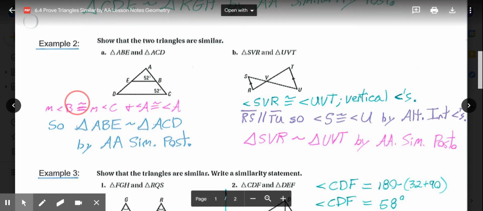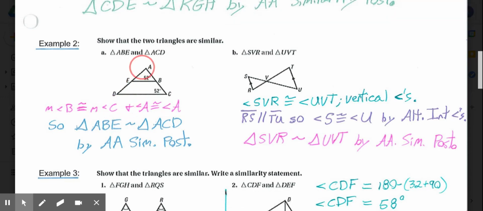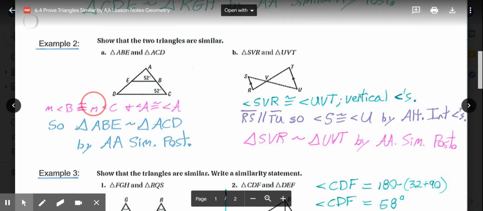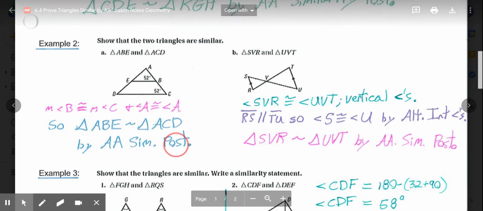So we know the measure of angle B is congruent to the measure of angle C. Both triangles share angle A at the top here. So we know angle A is congruent to itself. Now we have two angles on the triangles. So triangle ABE is similar to ACD by the angle similarity postulate.